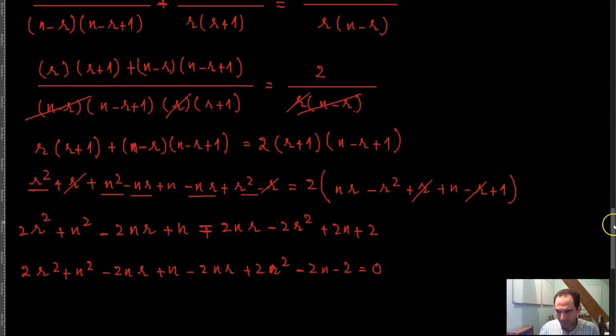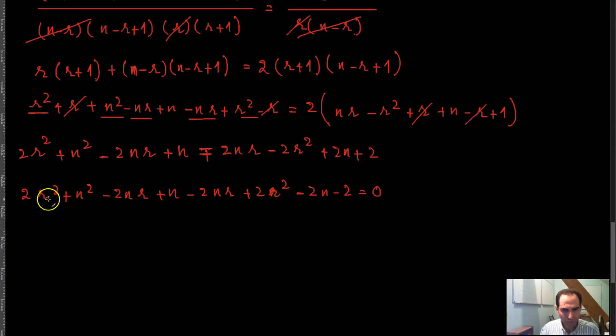And then you have 2 times r squared plus 2 times r squared is equal to 4 times r squared, and plus n squared. Negative 2 times nr, negative 2 times nr is equal to negative 4 times nr. And this we have already written. Now we have an n over here, negative 2n, that's negative n, minus 2 is equal to 0.